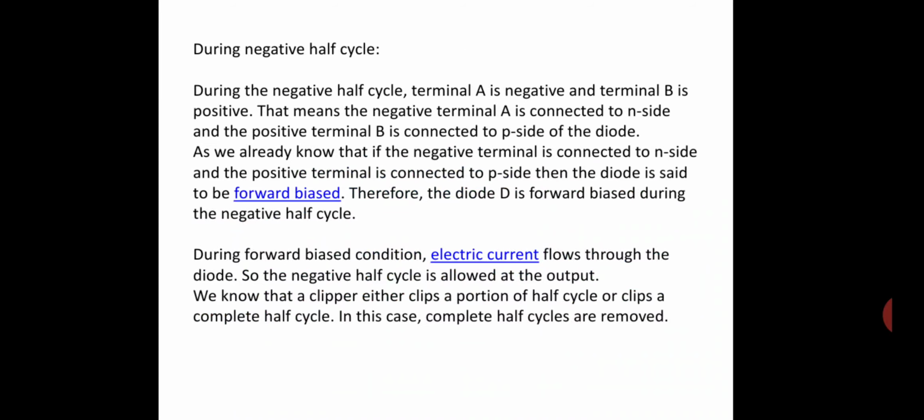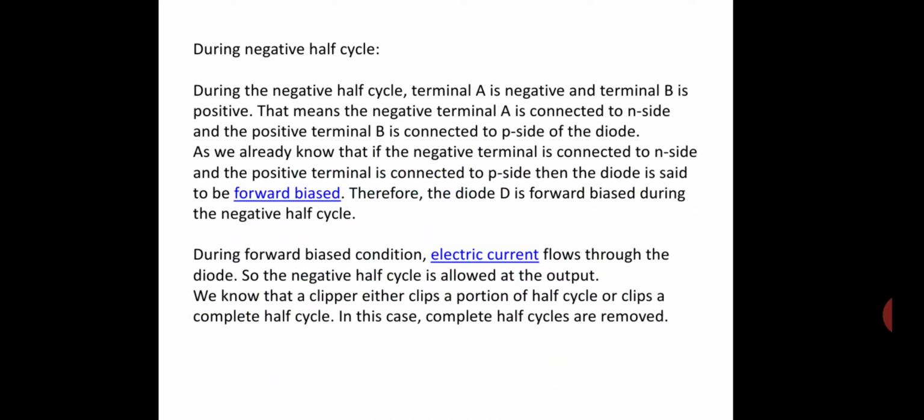And during the negative cycle, terminal A is negative and terminal B is positive. That means the negative terminal A is connected to the N side and the positive terminal B is connected to the P side of the diode. As we already know, if the negative terminal is connected to the N side and the positive terminal is connected to the P side, then the diode is said to be forward biased. Therefore, the diode is forward biased during the negative half cycle.